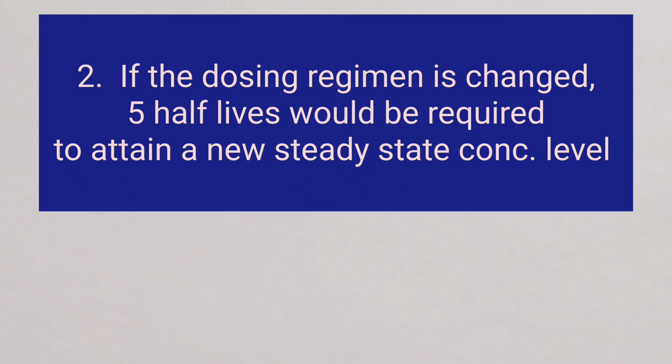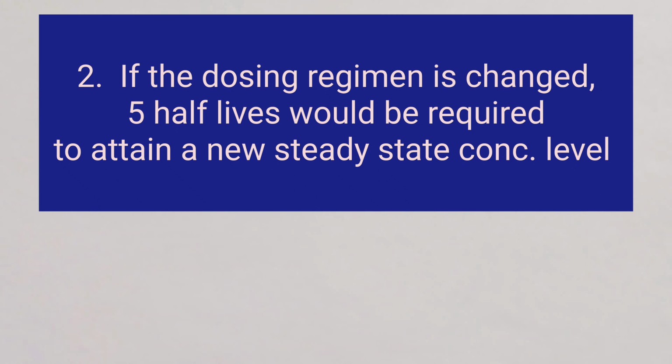Secondly, as we have seen, 4 to 5 t-halves are required for the drug to attain a steady state plasma concentration of the drug. So this implies that if the dosing regimen is changed, another 4 to 5 t-halves would be required to attain a new steady state concentration of the drug.